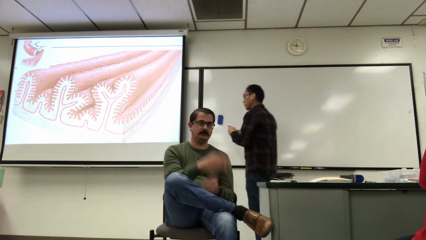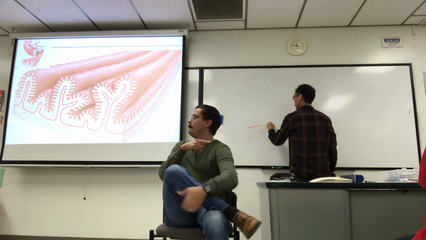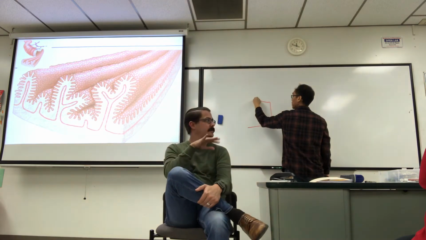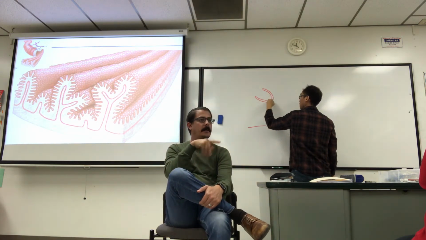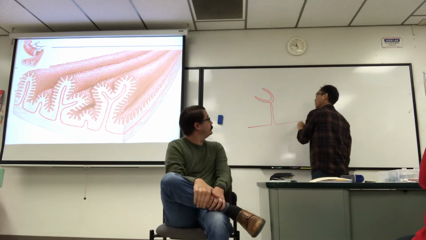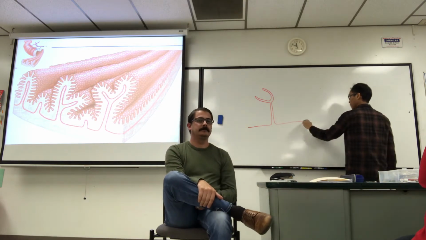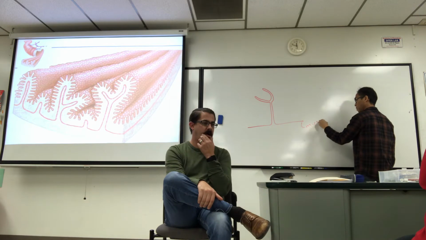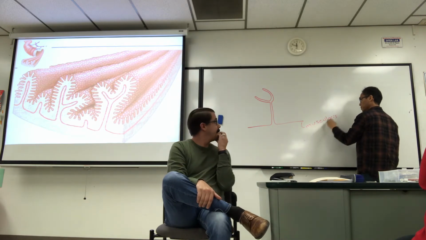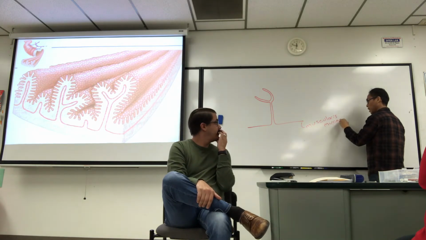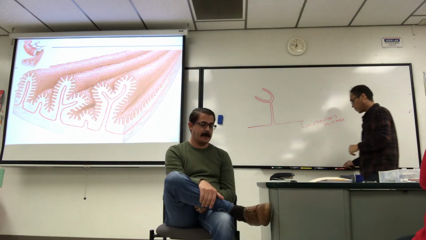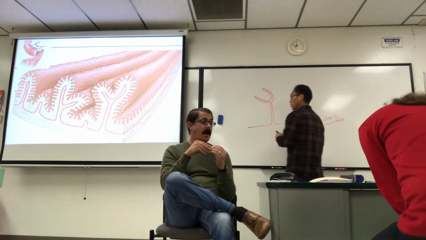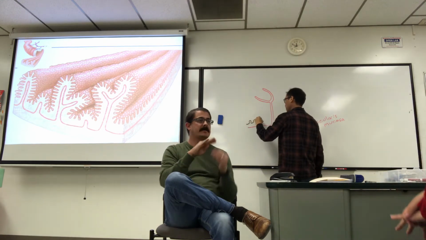So I'll draw this last one here, this big old plica. Muscularis mucosa. Now, if you put kind of the epithelium over it, it's all like that wavy villi stuff.